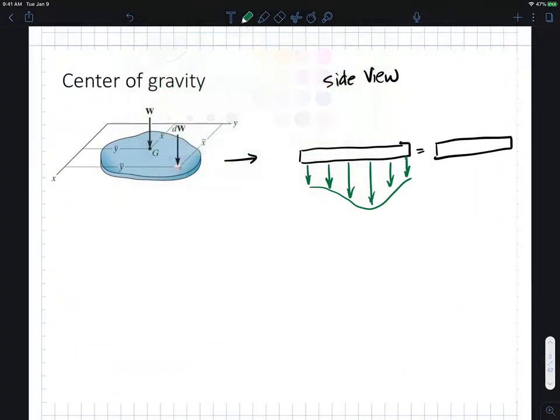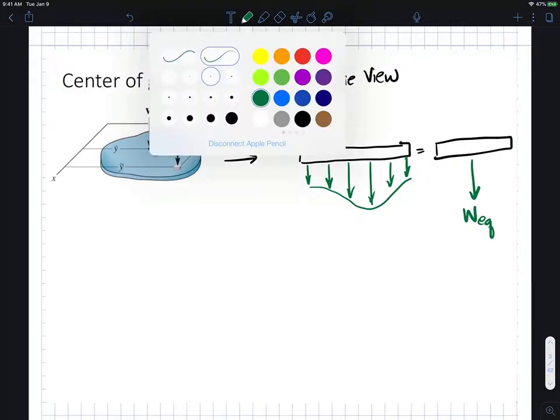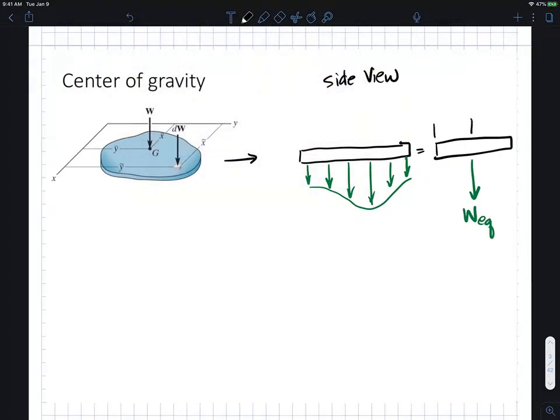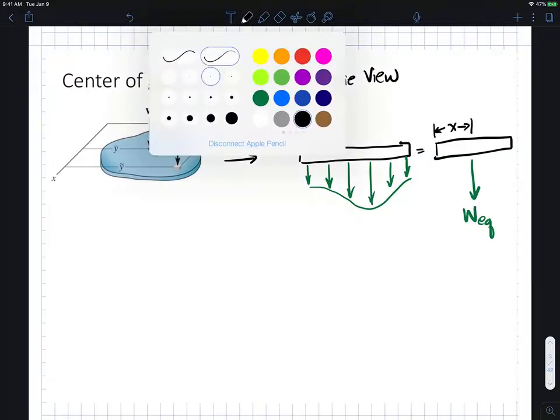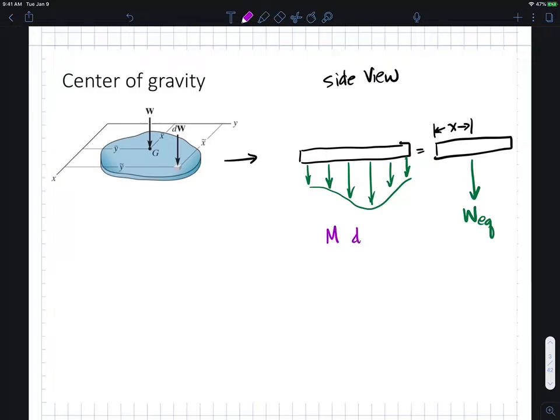And so we can say that all those little teeny weights, we can sum them up and say that there's some equivalent weight here. And you know that in order for this to still be in equilibrium, it has to act at some point x, such that if you took all of the moments of the distributed load here on the left, they have to equal the moments for the equivalent system on the right.